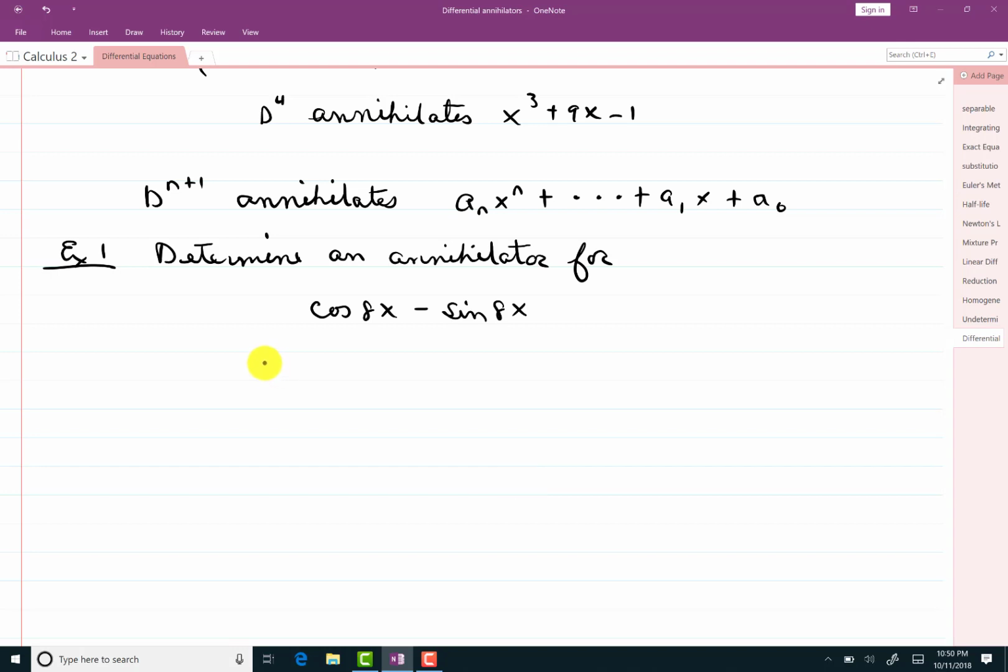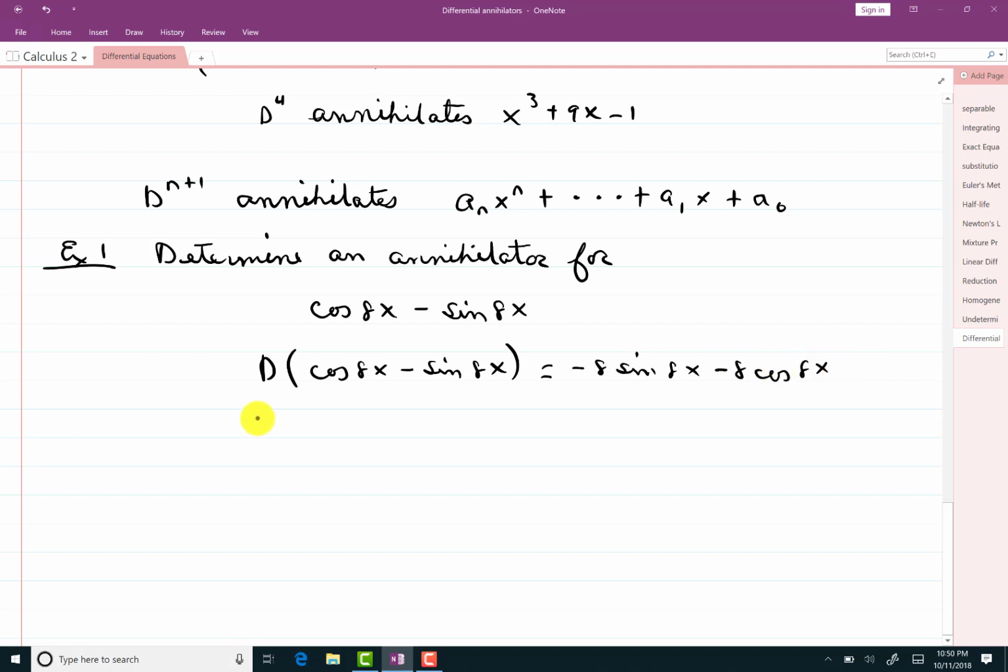Let me take d of cosine of 8x minus sine of 8x. That's going to equal negative 8 sine of 8x minus 8 cosine of 8x.